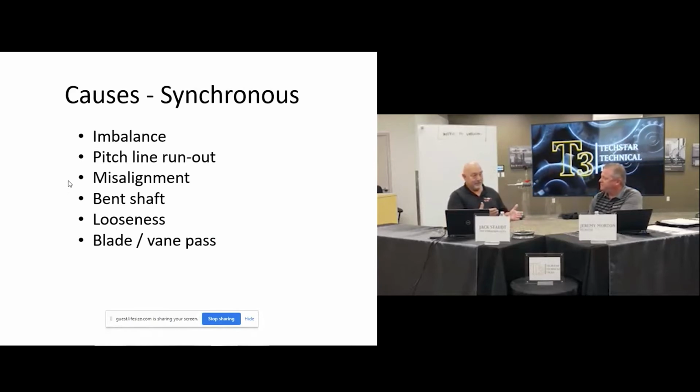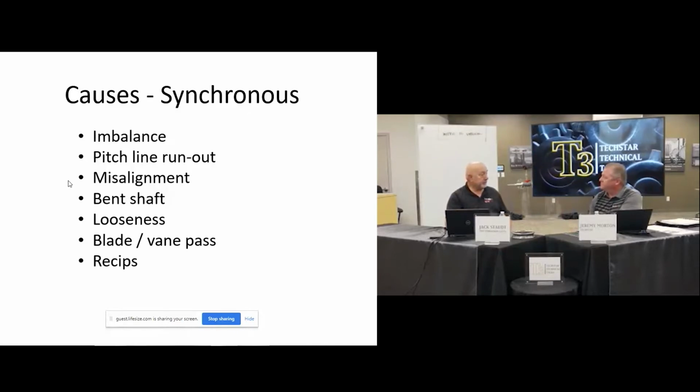A lot of your blade or vane pass is when that individual impeller vane, and let's say you have 5 vanes, hit the cutwater. If your clearance is too wide or too tight, you could get some type of impact coming off. And it would be the number of vanes per rotation. So if you have 5 vanes, you'd see it at 5 times running speed. Exactly. Makes sense.